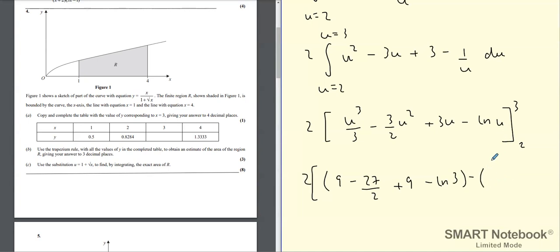And then if I substitute 2 in there, 2 cubed is 8. So we've got 8 over 3, take away 1.5 times 4 is 6, plus 3 times 2 is 6 minus ln 2.